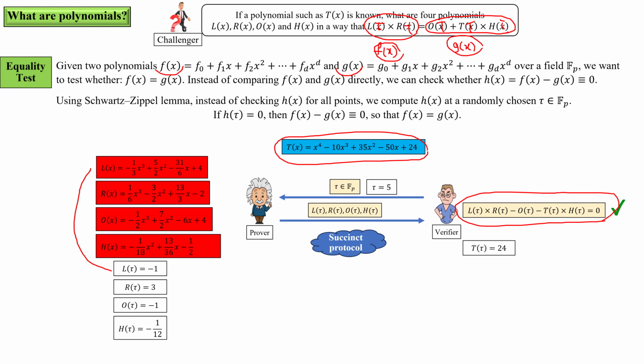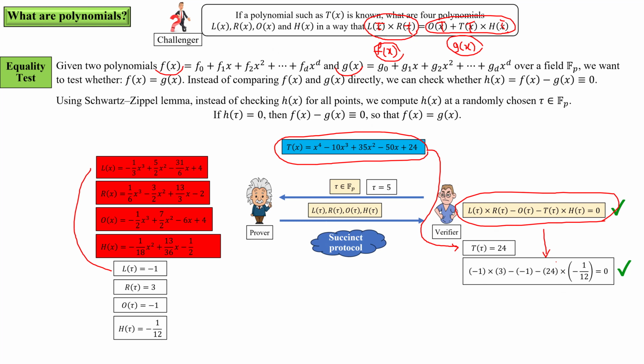It is not a secret, so the verifier knows this polynomial. So then the verifier computes t of tau, and then replaces this value in the equality test, and then ensures that this equality test is satisfied, right? Since this equality test is satisfied, the verifier concludes that the prover really knows those polynomials, right?